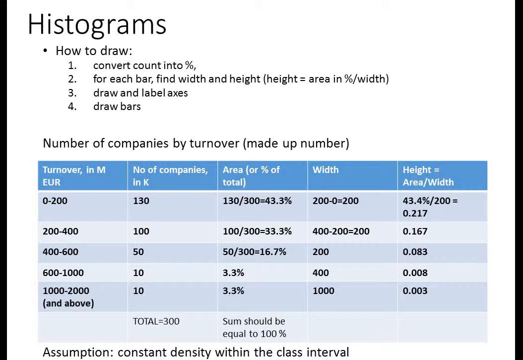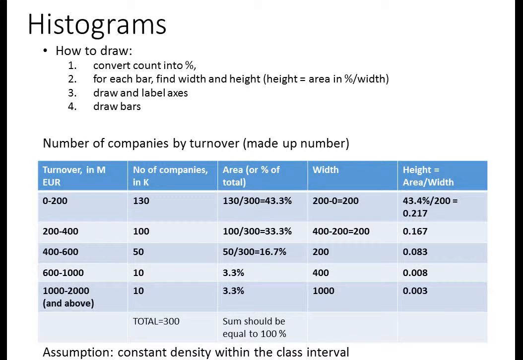So the first interval is from 0 to 200 million, the second interval from 200 to 400 million, and so on. And the second column shows us how many out of the total 300 companies have their turnover belonging to the interval from column 1. For example, 50 companies have their turnover from 400 to 600 million euros.